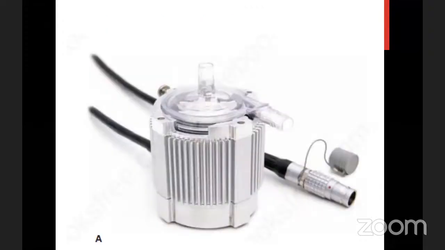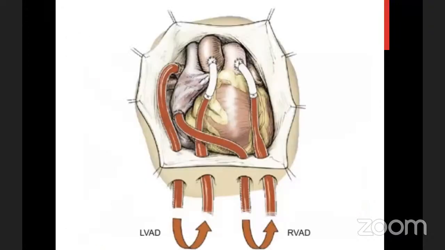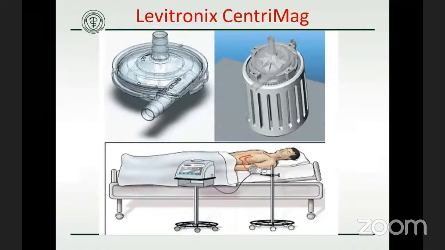As you see here, it can accommodate an oxygenator within the circuit to form full cardiopulmonary support, the LVAD and RVAD. So this is the Levitronics CentriMag, as you see in this picture.